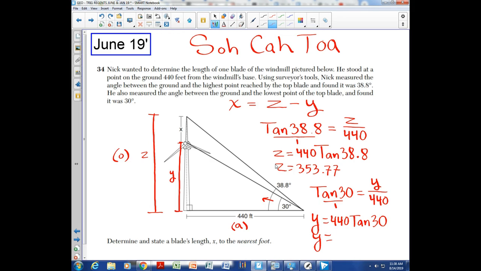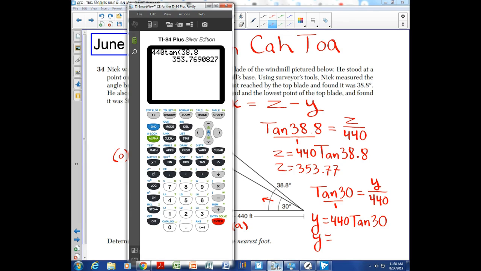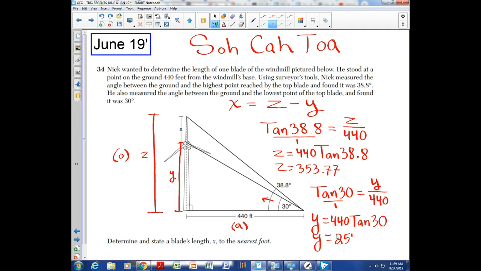I'm going to bring up the calculator and put 440 tan 30. Enter. And rounding it again to the nearest hundredth, it's 254.03.